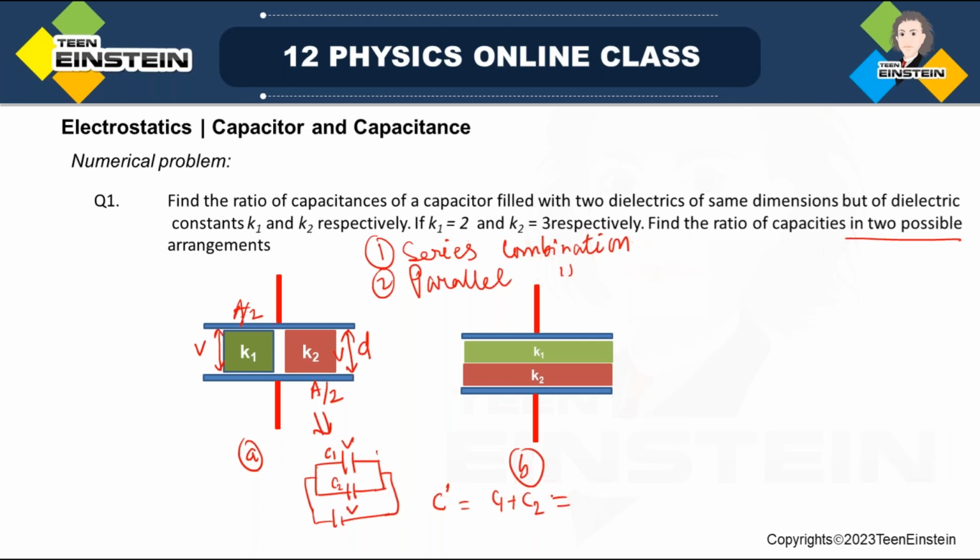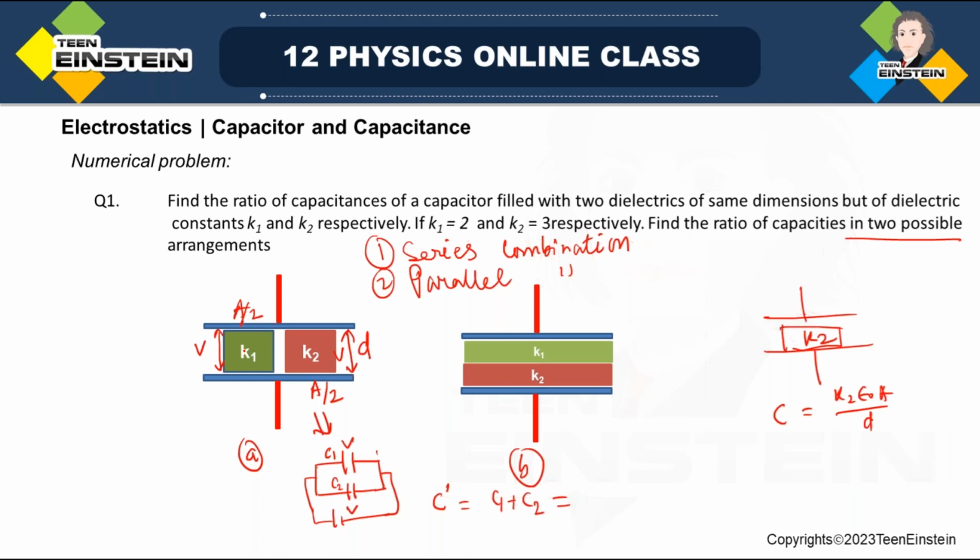What are C1 and C2? If I have a parallel plate capacitor with a dielectric material of dielectric constant K2 inside, then the capacitance will be C equal to K2 epsilon naught A by D.